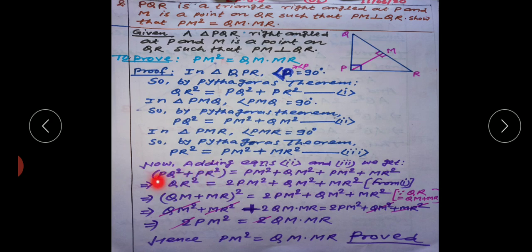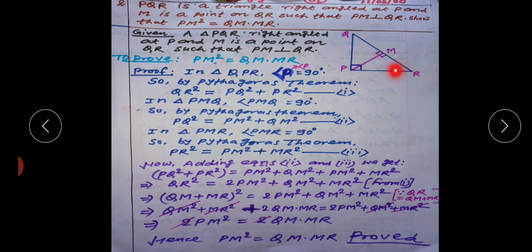So we have written QR square, and PM square plus PM square will be 2PM square, plus QM square and plus MR square. We have replaced PQ square plus PR square by QR square from equation first.